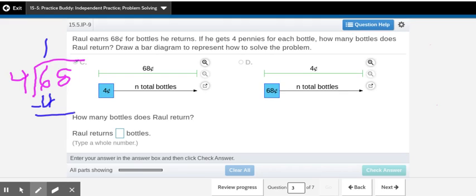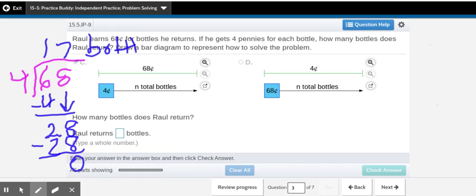I get 2, and I bring down the 8. So now I have 28 divided by 4, which I know is 7, because 7 times 4 is 28. So then I subtract out the 28 that I got, and that equals 0. So how many bottles are we working with? 17 bottles. That's how many he returned. Let's double check our answers.